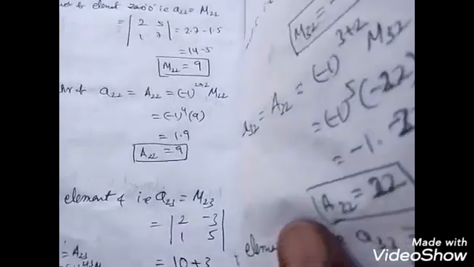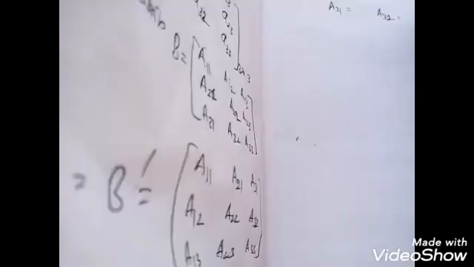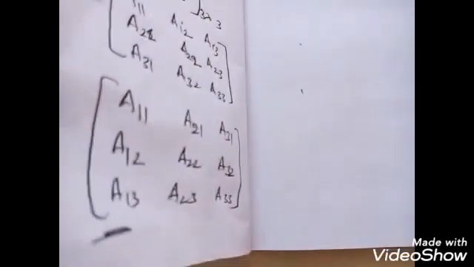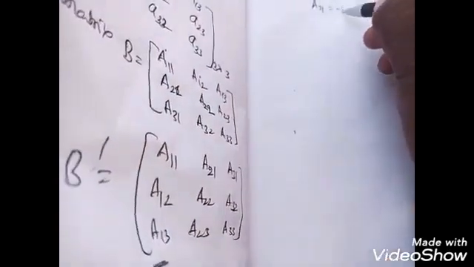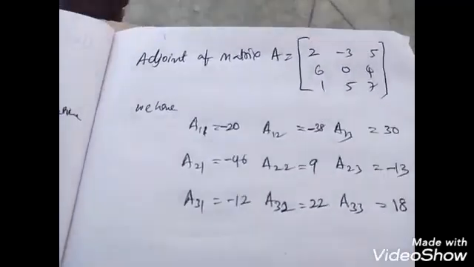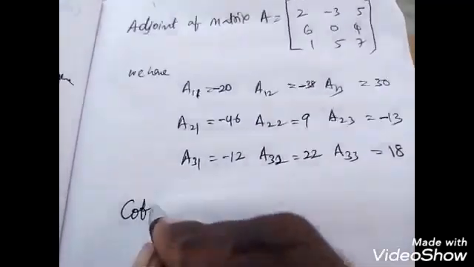A22 is 9. A23 is minus 13. A31 is minus 12. A32 is 22 and A33 is 18. Now you have to write the cofactor matrix.